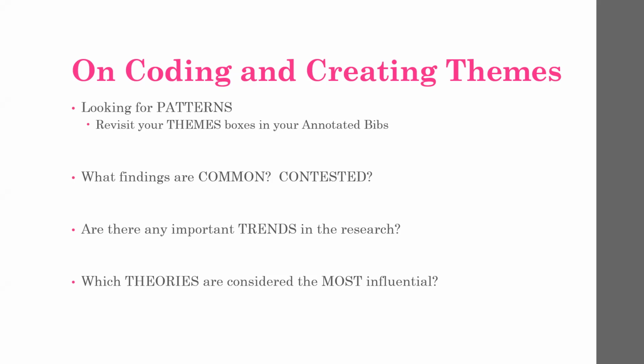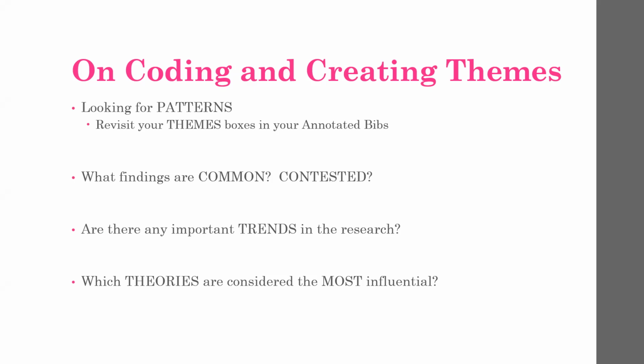And when it comes to your topic, you're going to have some that found something that's very, very connected to your topic. And then you're going to find some articles that were maybe more distant, maybe didn't have as much relevance again. So those are some of the things that you might want to do when you're coding. It can actually be kind of difficult to do the coding for some people. And I always like to recommend, even with my students, to make it more tangible and something that you can actually visualize in your head, is to put a lot of these topics possibly on a note card.